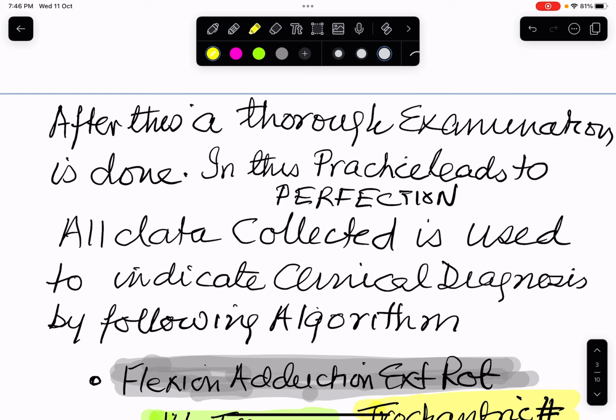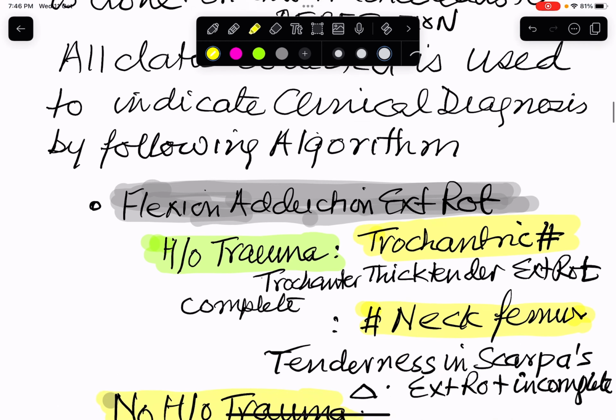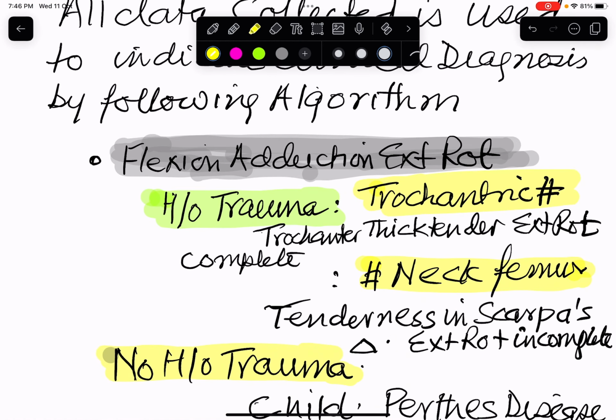After this, you do a thorough clinical examination, and all this converts into data, and that data is used to make a clinical diagnosis. So this algorithm will help you make a clinical diagnosis.